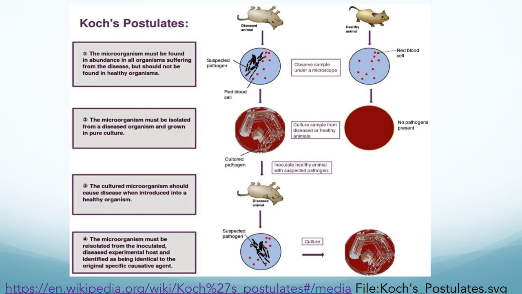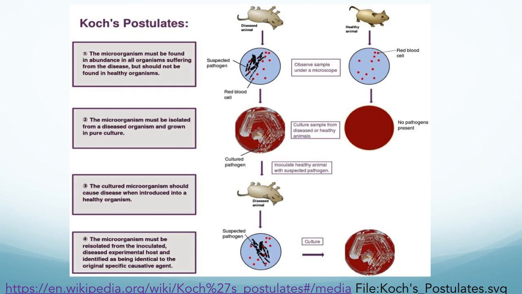So it can be demonstrated that a diseased animal whose blood sample contains the bacteria responsible for the symptoms of the disease, isolate the bacteria from the blood and grow it in pure cultures in the laboratory. The laboratory culture is inoculated in the healthy animal.